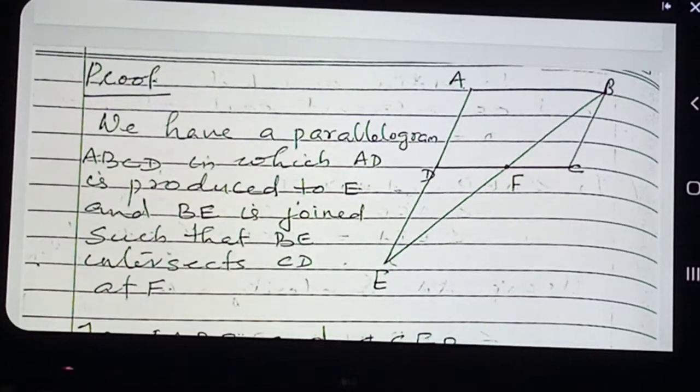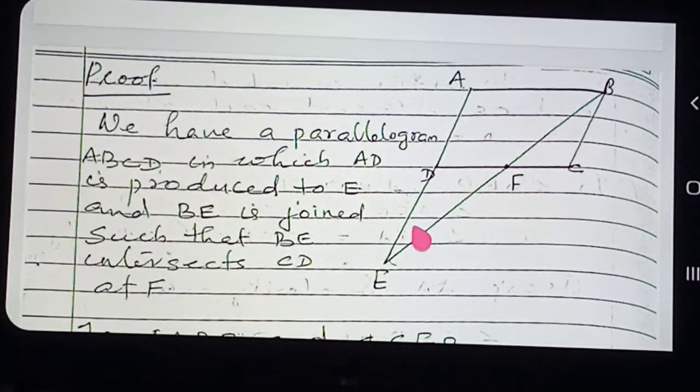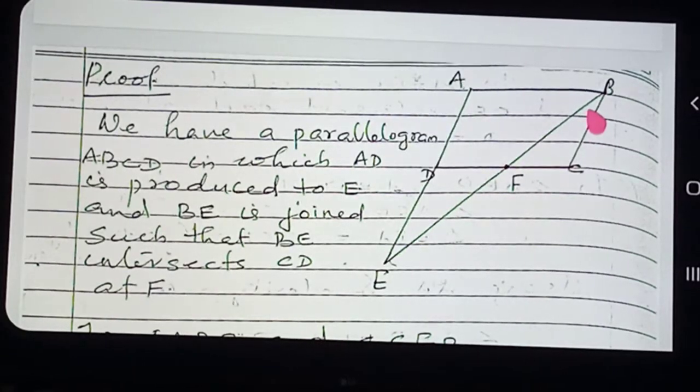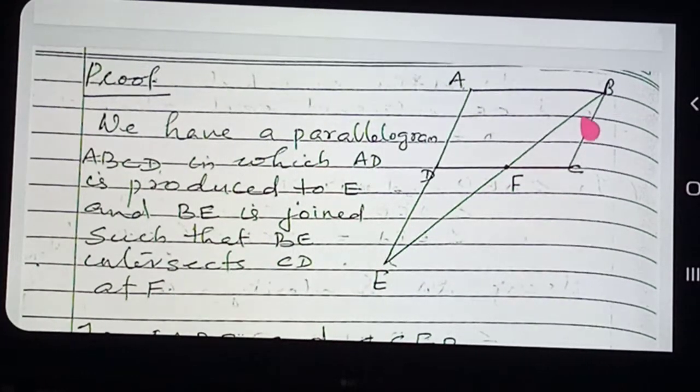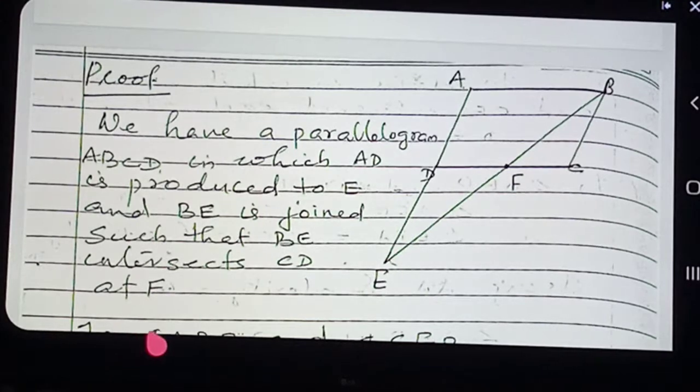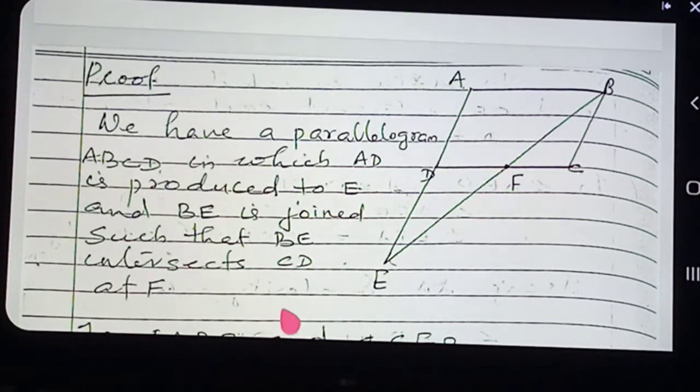What about this angle? This angle and this angle are alternate interior angles. How to name them? Angle AEB and angle CBF, or we can write it as FBC. Anyway, this is the angle. This angle E and this angle are alternate angles. So you can draw these as the parallels and this is the transversal.